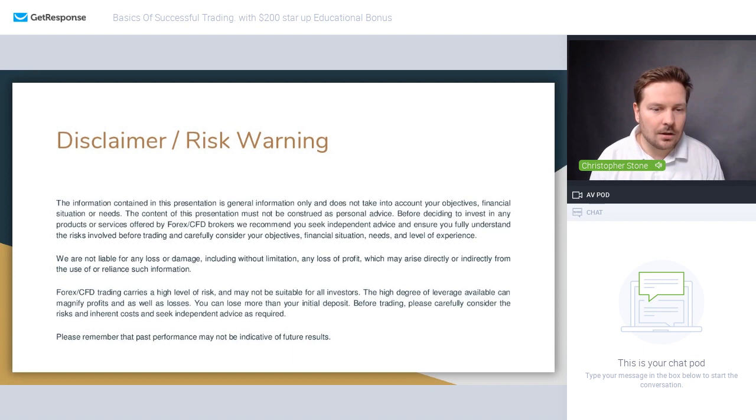We are not liable for any loss or damage, including without limitation any loss of profit, which may arise directly or indirectly from the use of or reliance on such information. And of course, remember that Forex, also called CFD trading, carries a high level of risk and may not be suitable for all investors. The high degree of leverage available can magnify profits as well as losses. You can lose more than your initial deposit, etc., etc. Of course, you can read it by yourself. I only want to make sure that you understand this disclaimer, this risk warning.